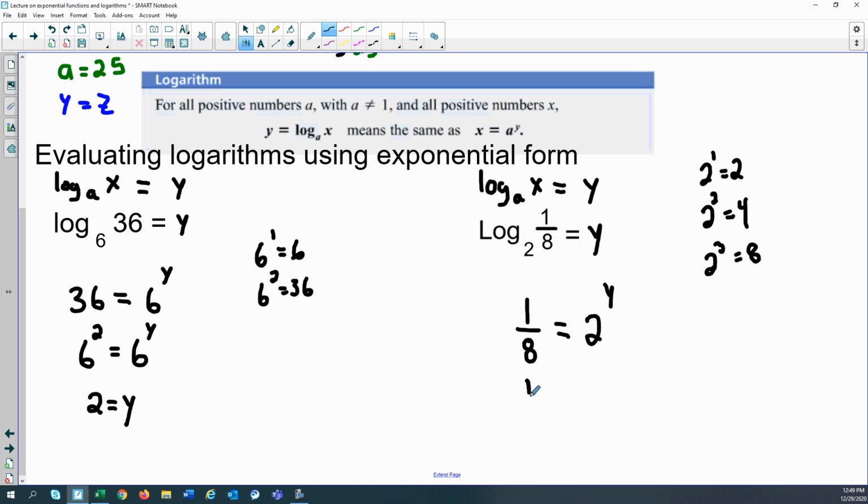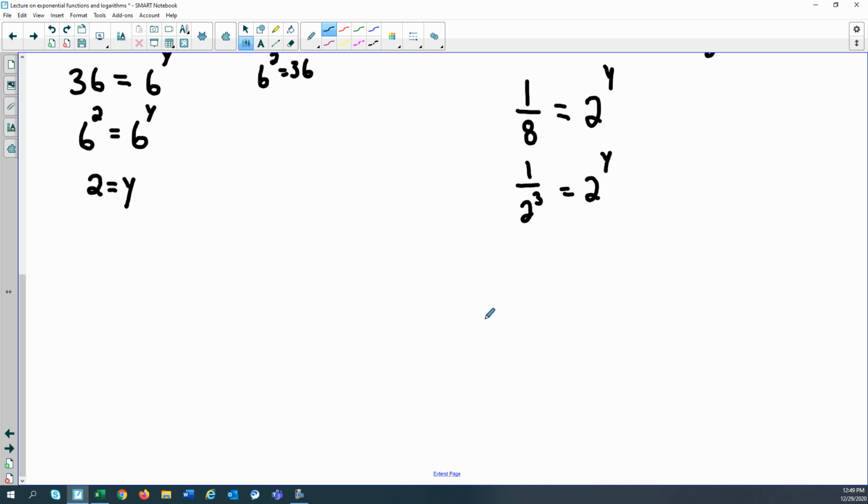So I can say 1 over 2 cubed equals 2 to the y, since we know 8 and 2 cubed are the same. Now, if you have a value in the denominator and you want to move it to the numerator, you're allowed to do that as long as you change the sign on the exponent.